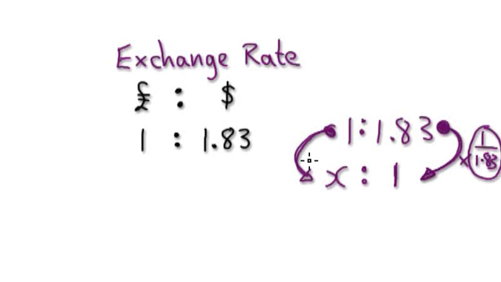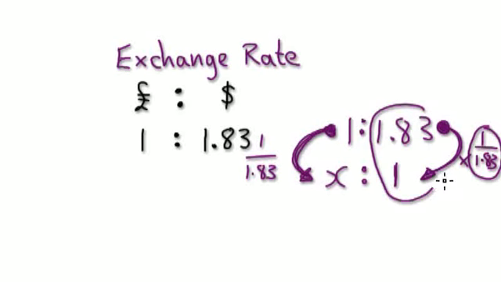So in effect, you're timesing both sides by 1 over 1.83. So when you start, you want to find out X. You've got to start here and jump into the X. So use this bit here to work out the multiplier. Start here and work out how you jump into the 1.